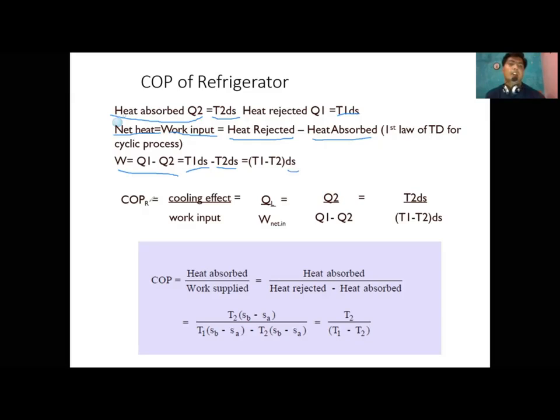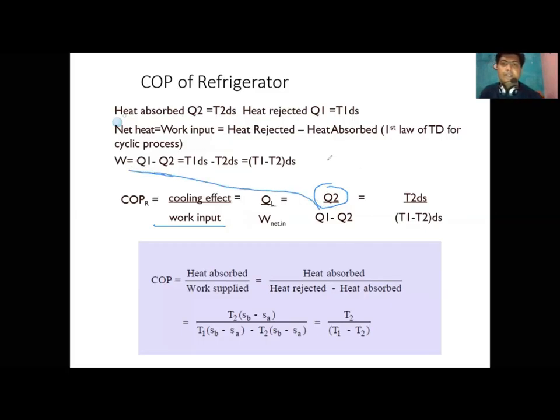And we know the COP of refrigerator, already in lecture 1: it is the cooling effect divided by work input, that is Q divided by W. The desired effect is what we obtain at the evaporator, that is Q2, and net work is Q1 minus Q2.